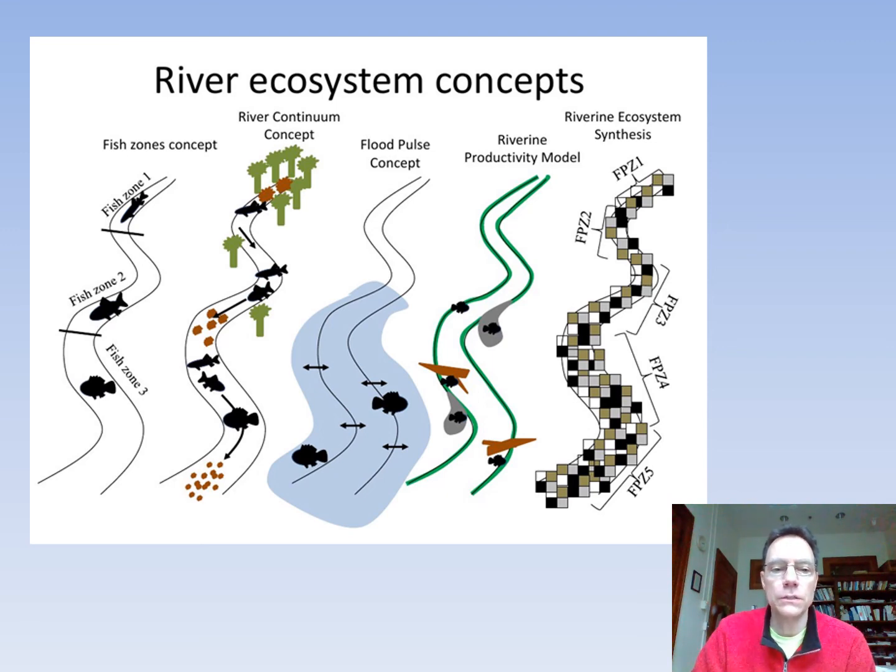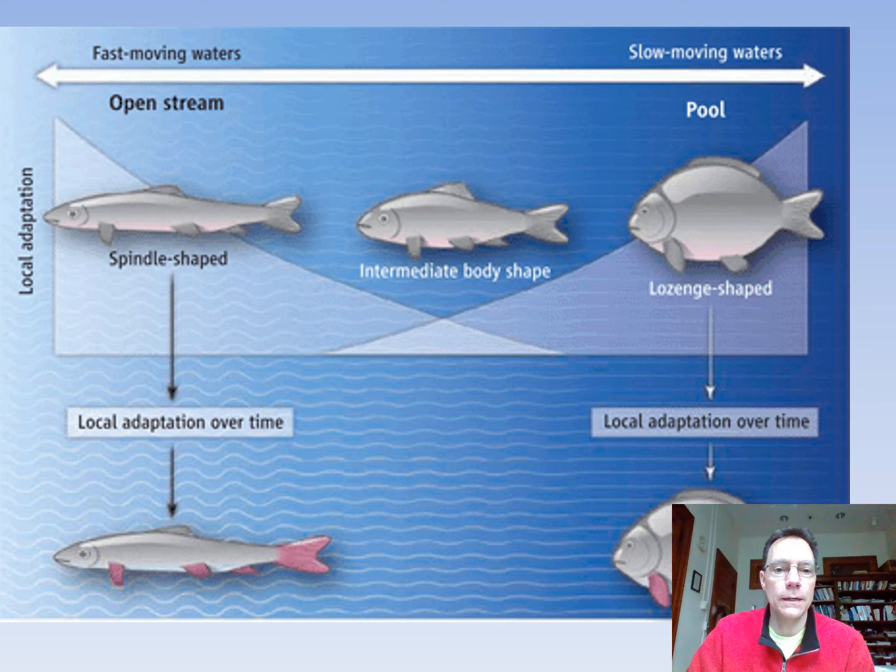It's not really used much anymore, but in low order streams, so headwater streams, you get a lot of this body shape, which is spindle shaped, long, like a trout body shape: long, slender, muscular, able to swim in very fast flowing current very easily. Those tend to be in very fast flowing, low order streams.